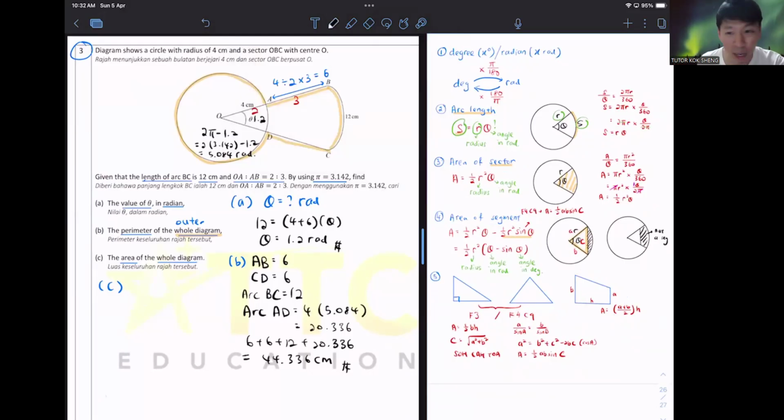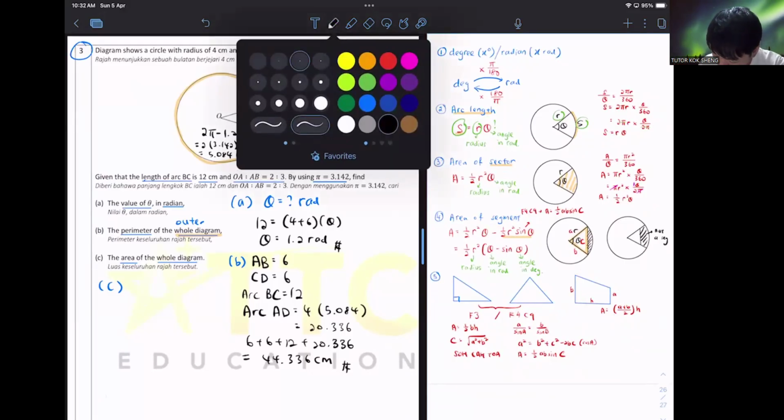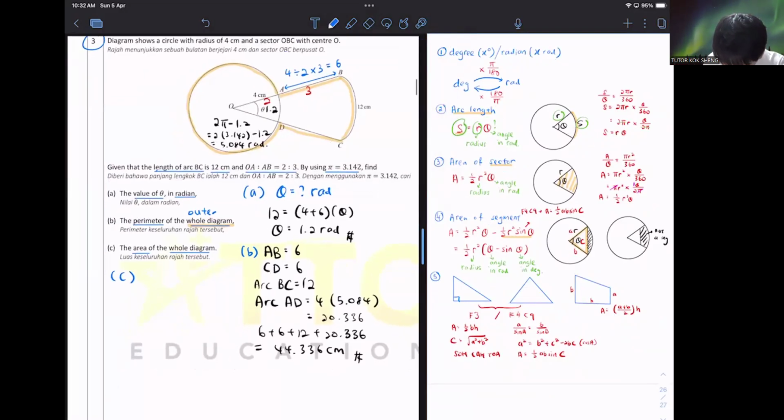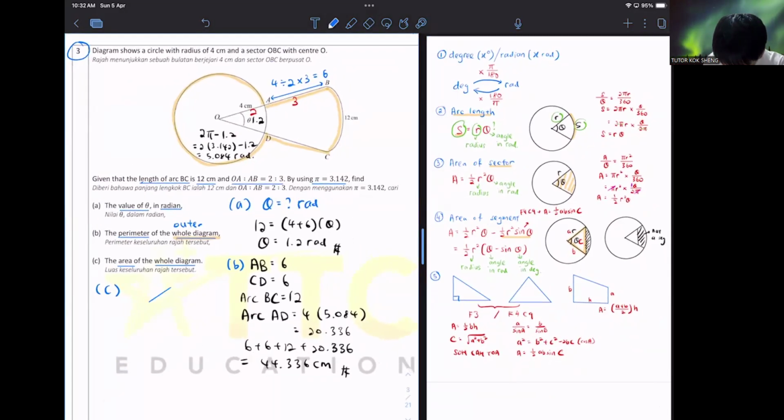Okay, sector. Let's continue. So for C again, I draw it here. We go for the Pac-Man, plus the sector BOC.